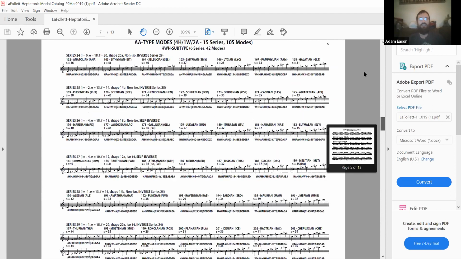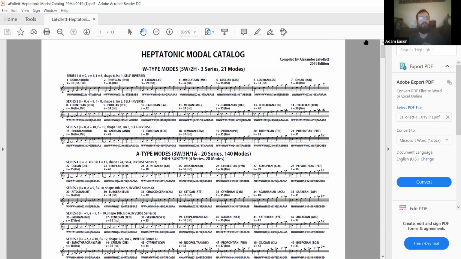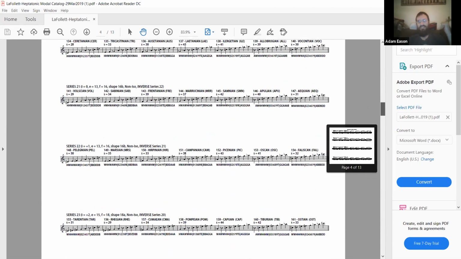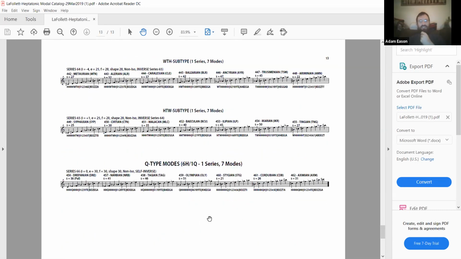I'm pretty sure it's every possible combination of whole, half, or half whole, augmented, doubly augmented, triply augmented, and even on the very last line, quadruply augmented, I think is the Q type that he has down here at the bottom steps.